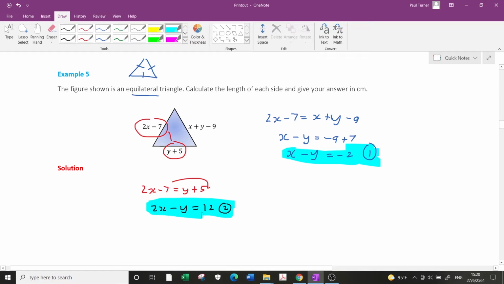And when we solve them, we'll know x and y, and then we'll know the lengths of the sides. So we'll write that down as x minus y equals minus 2, and this is 2x minus y, which is 12, equation 2. So in this case, we could go equation 2 minus 1. So 2x minus x would be x, minus y minus negative y is going to be plus y, so this will cancel. 12 minus negative 2 is 14.